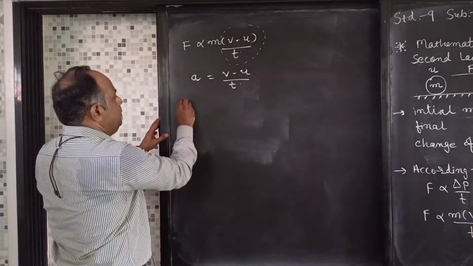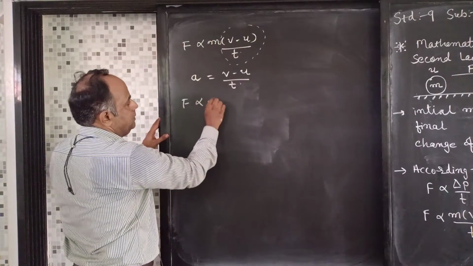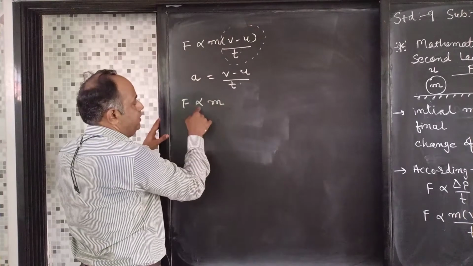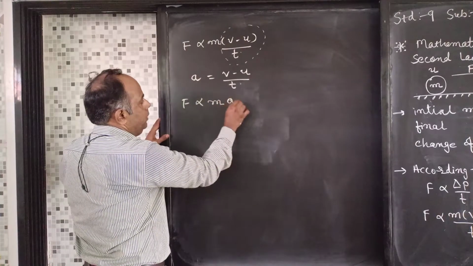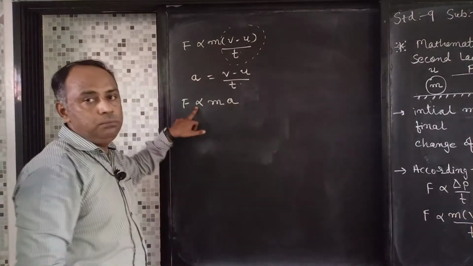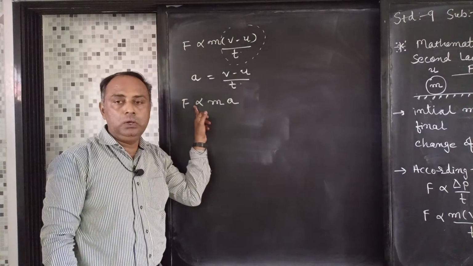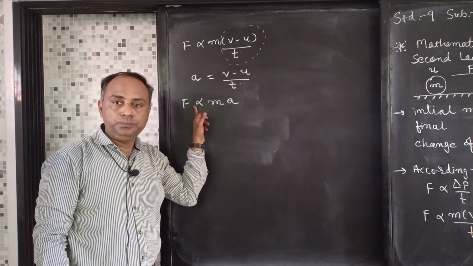So it will ultimately become F varies as m into a. Remember friends, this is a symbol of variation or proportional to.